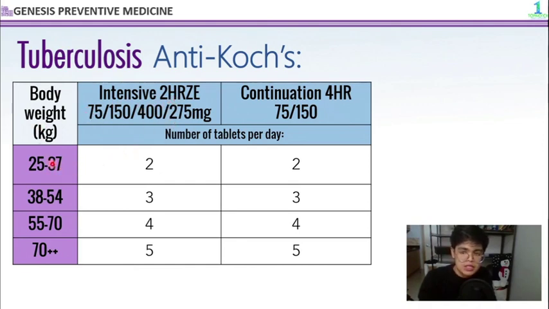For a patient, for example, if they're 28 kilograms, and that's very thin, they only need 2 tablets per day. If you're 56 kilograms, you drink 4 tablets per day on the corresponding part of the regimen, intensive or continuation, maintenance phase.